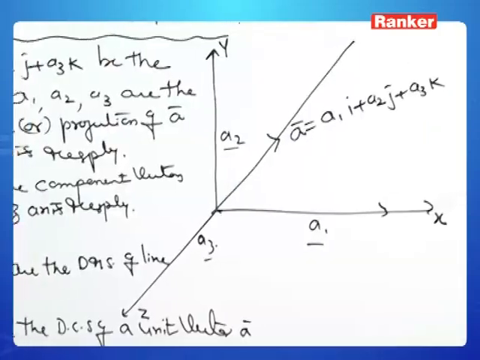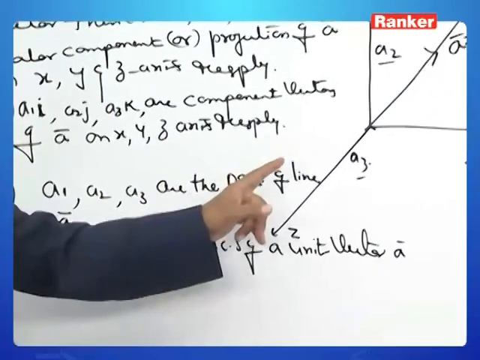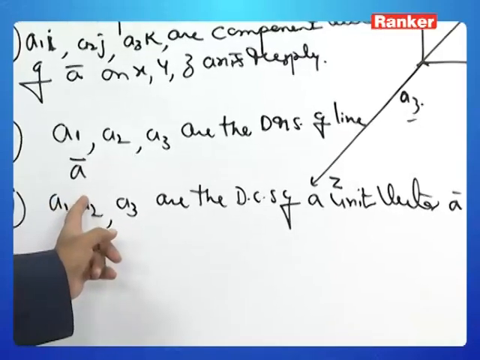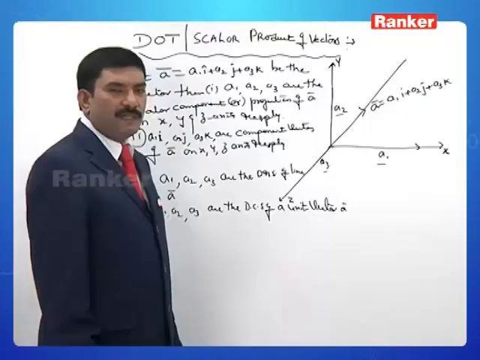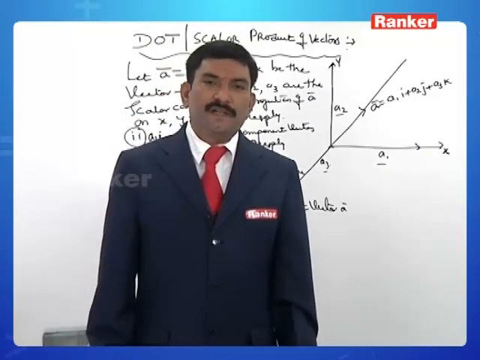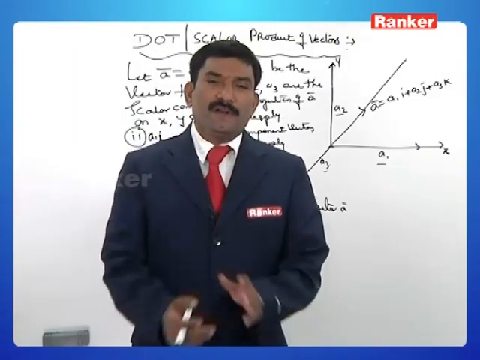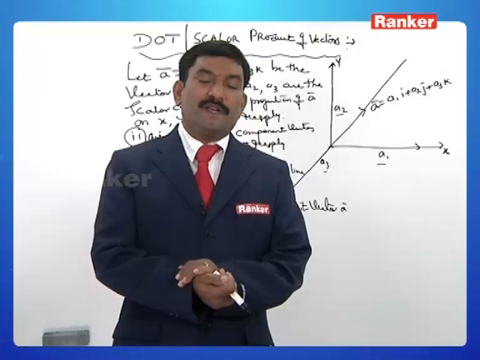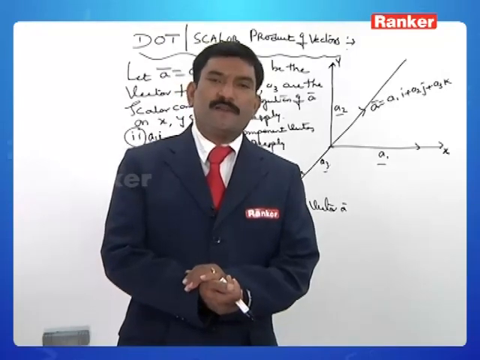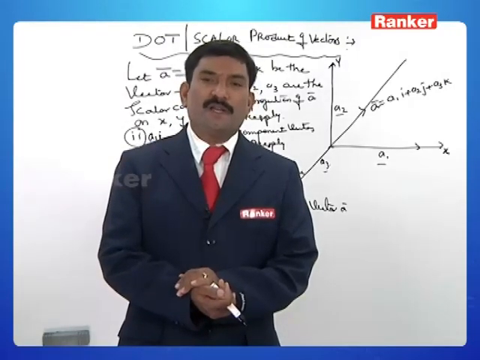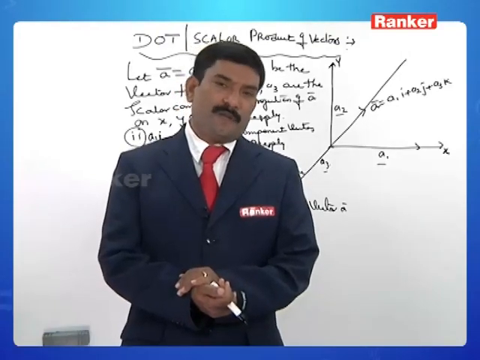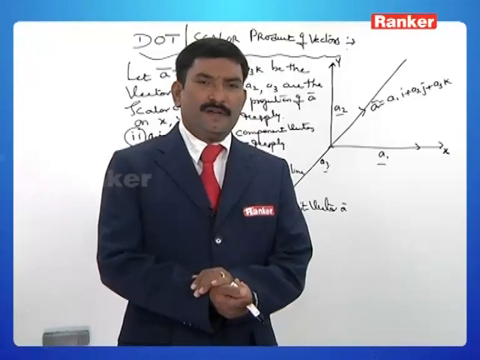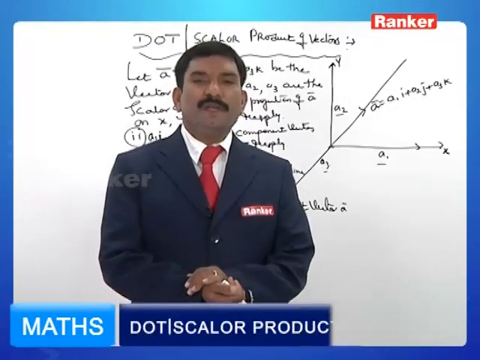Here A1, A2, A3 are the DRs of a line represented by A bar, and A1, A2, A3 are the DCs of a unit vector A bar. Why? Because in DCs, it must be a unit vector, meaning l square plus m square plus n square equals 1. I mean, A1 square plus A2 square plus A3 square must be equal to 1. For DRs, no need.